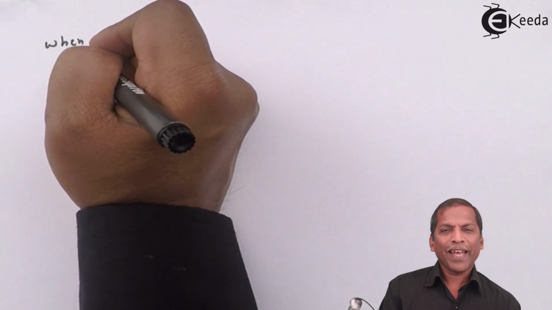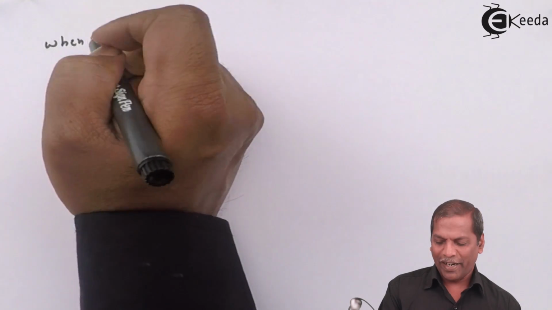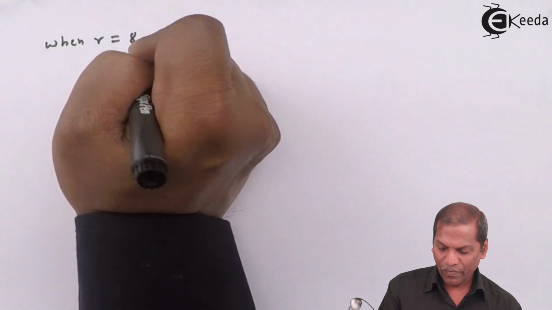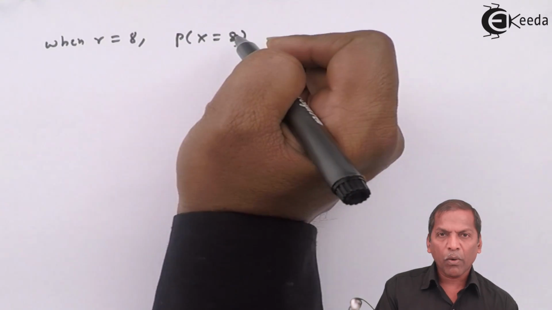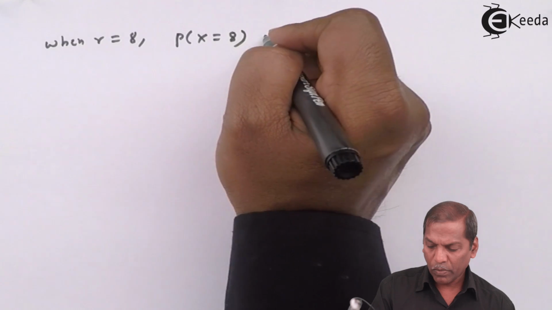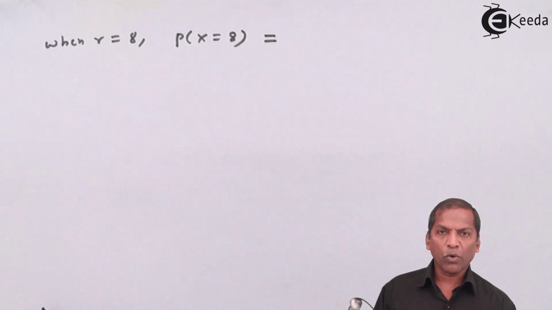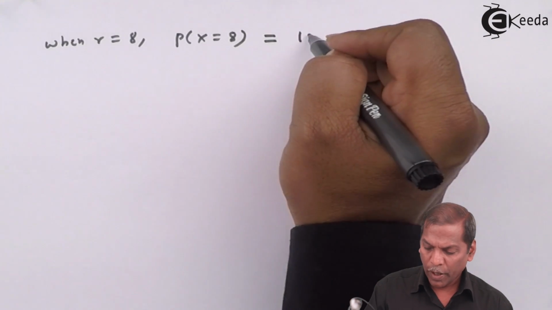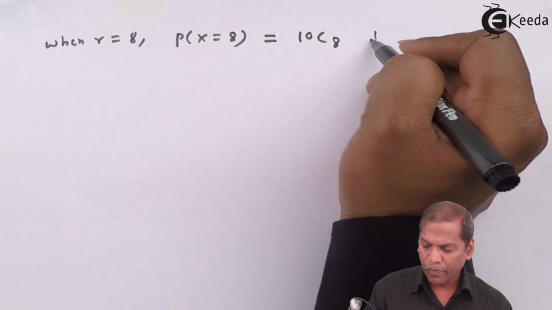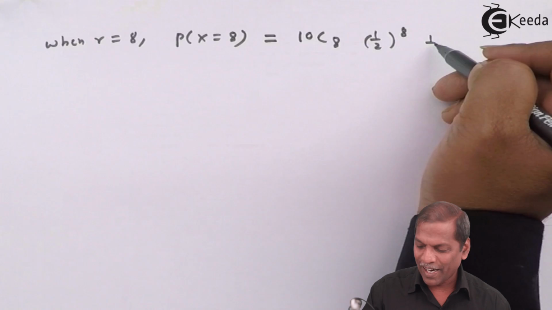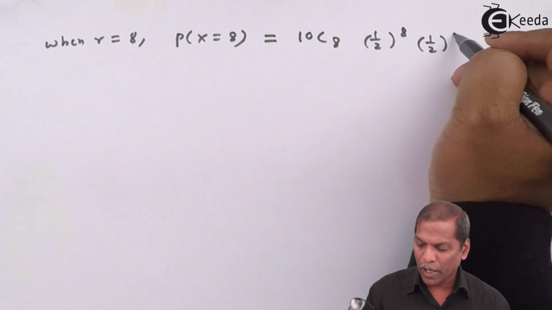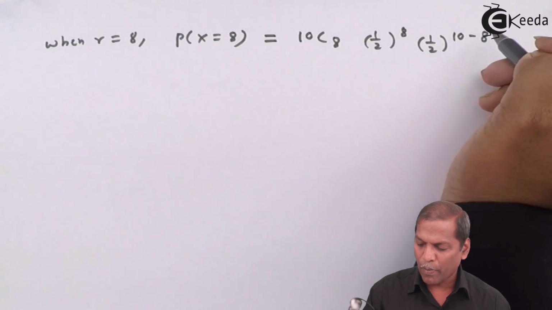Next value, when r is equal to 8, probability x is equal to 8 is equal to 10c8 into 1 upon 2 raised 8 into 1 upon 2 raised 10 minus 8.